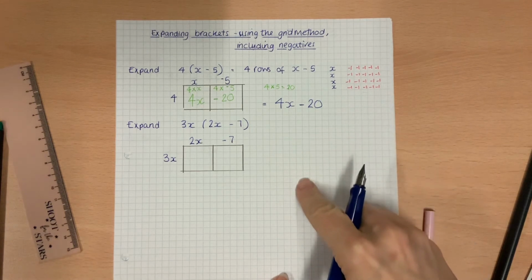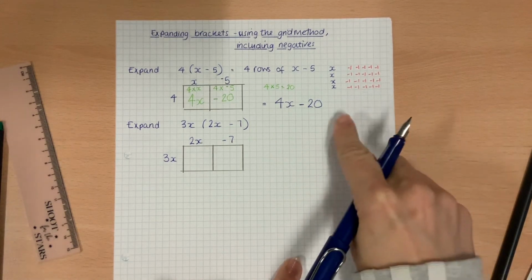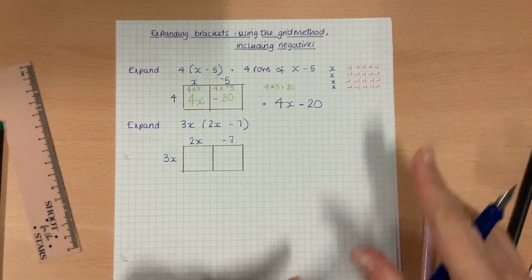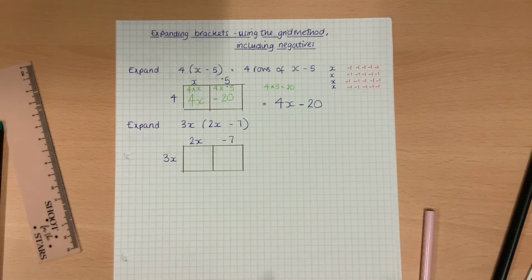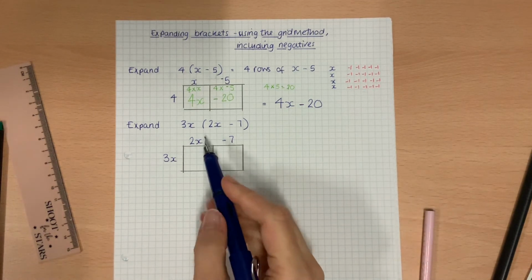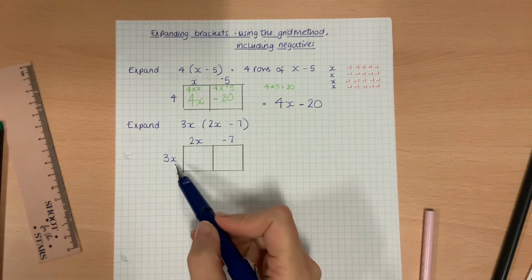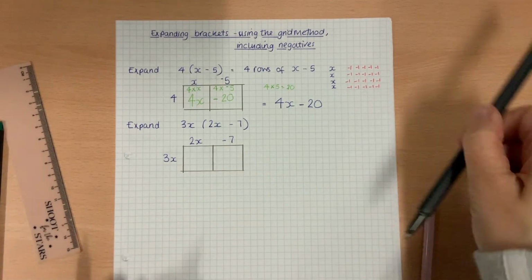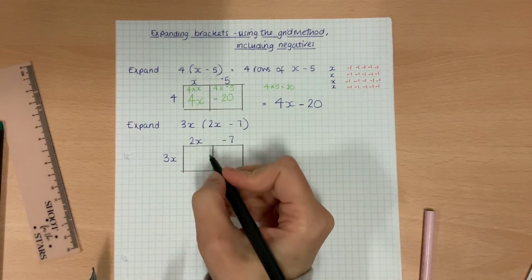I'd have 3 x's going this way and 2 x's going this way, and what you end up doing is you fill in the gaps with the square tiles. I'm going to show you that next week perhaps, and we'll have a look at doing some harder questions where we've got squares in. But don't worry about that too much today. There's only going to be one question like this, I would think.